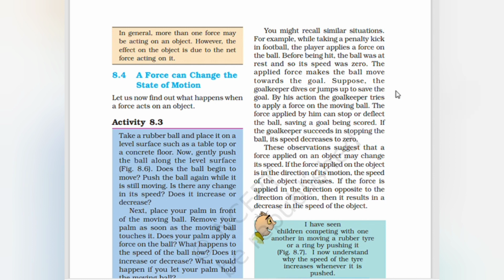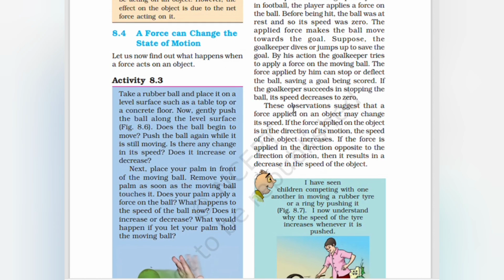By this action, the goalkeeper tries to apply a force on the moving ball. Force applied by him can stop or deflect the ball, saving a goal being scored. If the goalkeeper succeeds in stopping the ball, its speed decreases to 0. These observations suggest that a force applied on an object may change its speed.